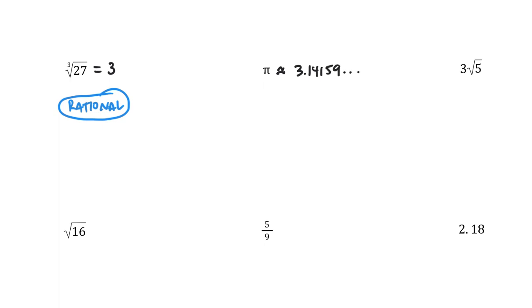Doesn't end, doesn't repeat, irrational. 3 times the square root of 5. Well, that one you would put into your calculator, and you would get 6.70820 dot dot dot. Doesn't end, doesn't repeat, irrational.